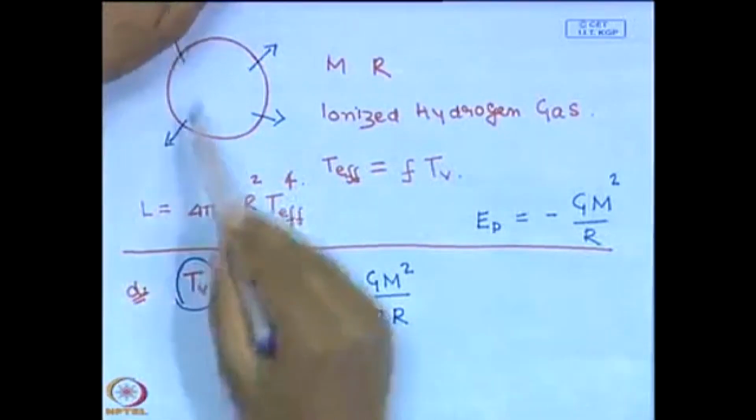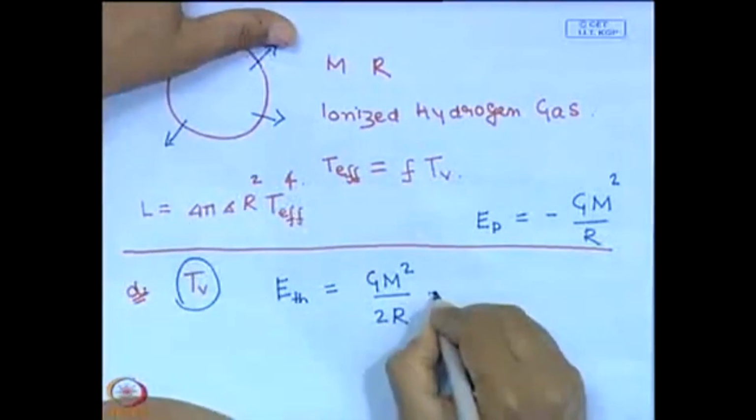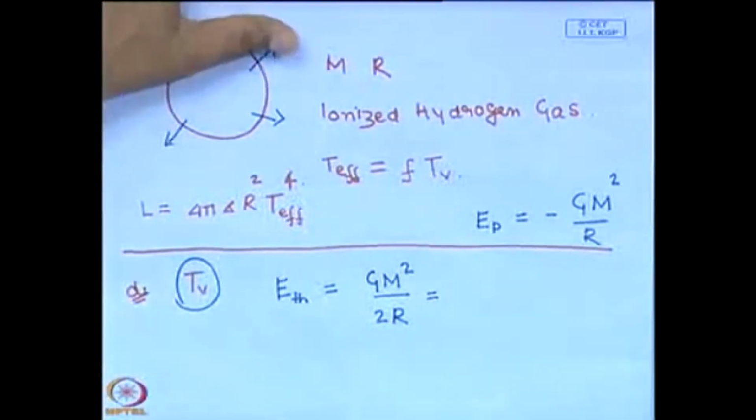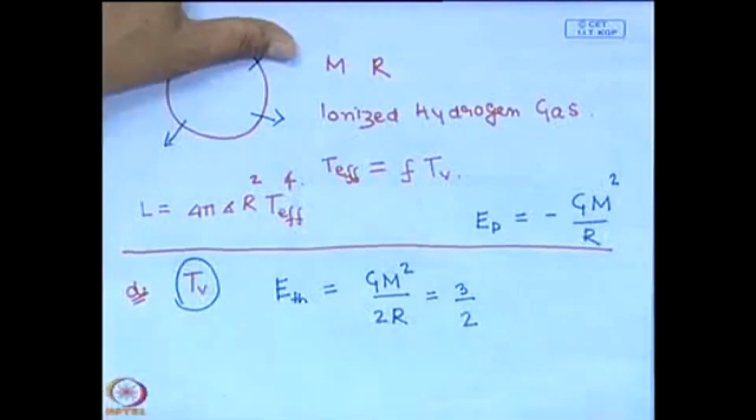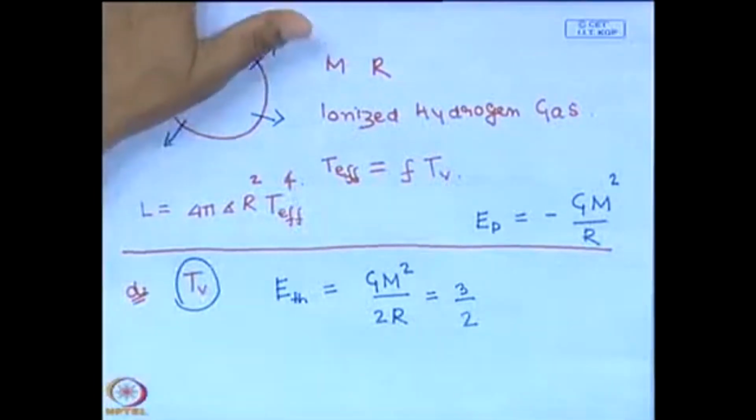So, we know for an ideal gas the thermal energy is 3 by 2 into the number of particles.